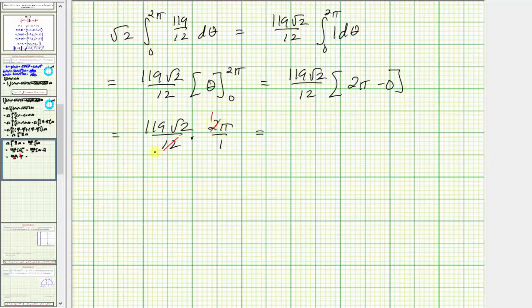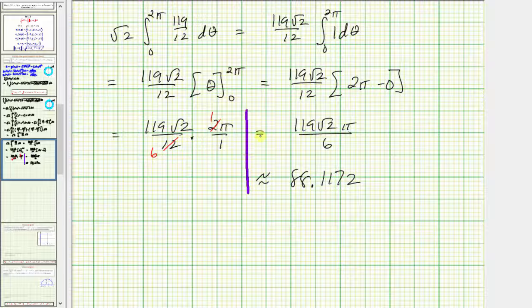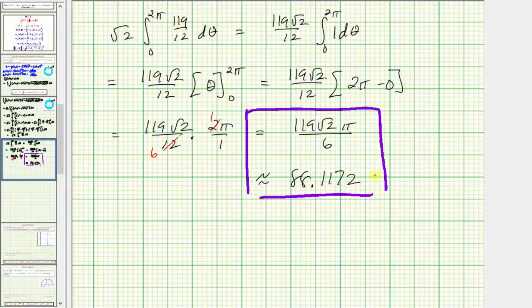There's 1, 2, and 2, and 6 2s and 12. So the exact value of the surface integral is 119 square root 2 pi divided by 6. As a decimal, this is approximately 88.1172. I hope you found this helpful.